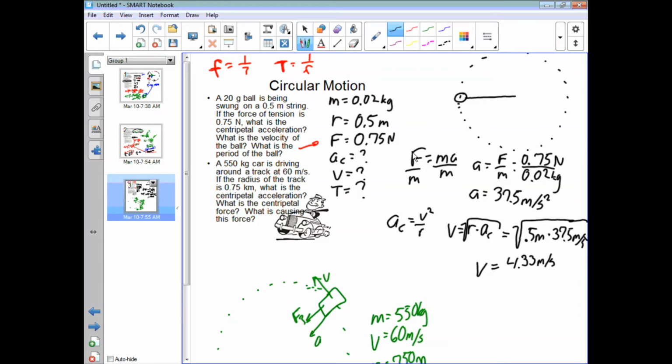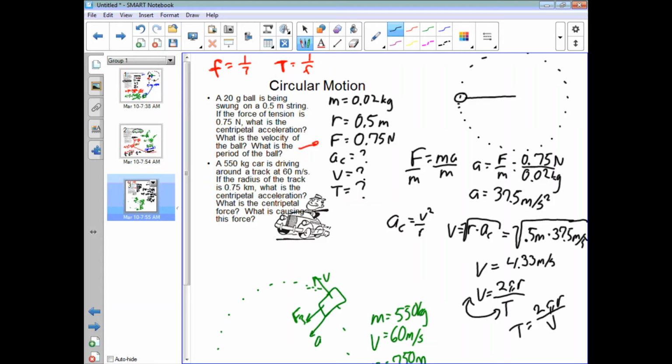Okay, and that equals what? Velocity is equal to 2 pi r divided by T, yes? Okay, solving for T, I call it the switcheroo. That's probably not what they call it in math class, but anyhow, T is equal to 2 pi r divided by v.